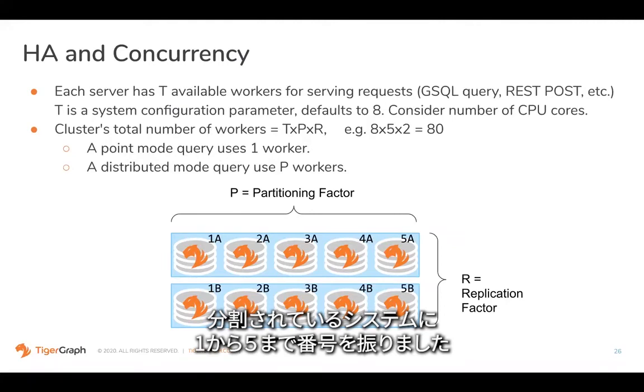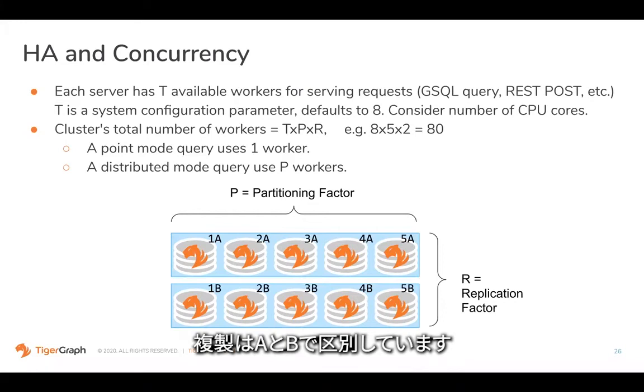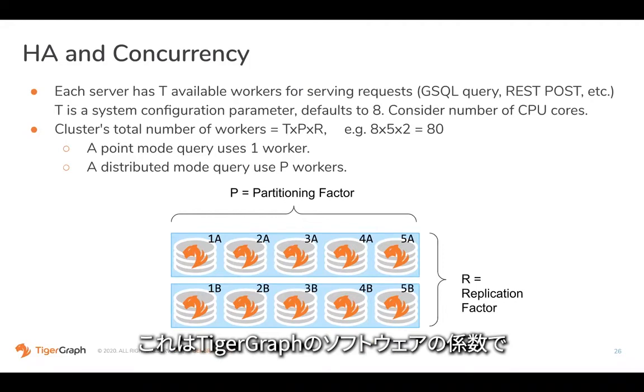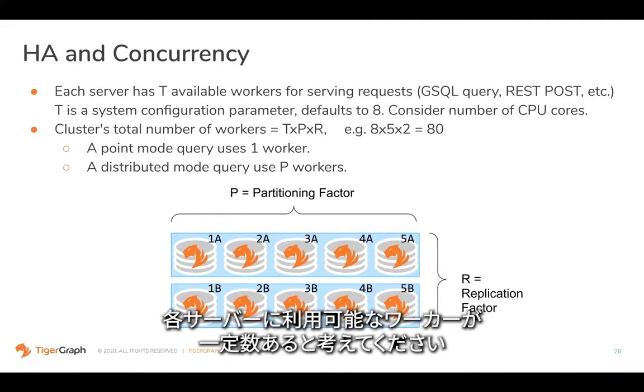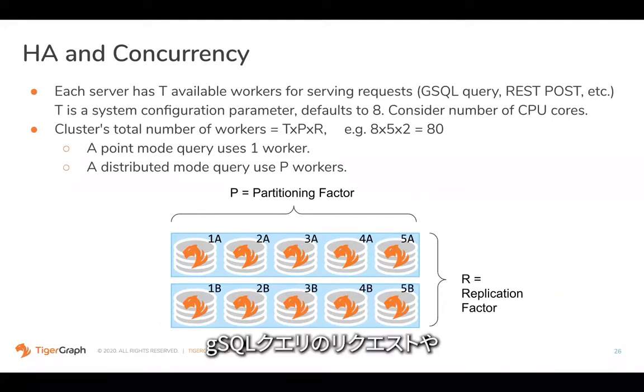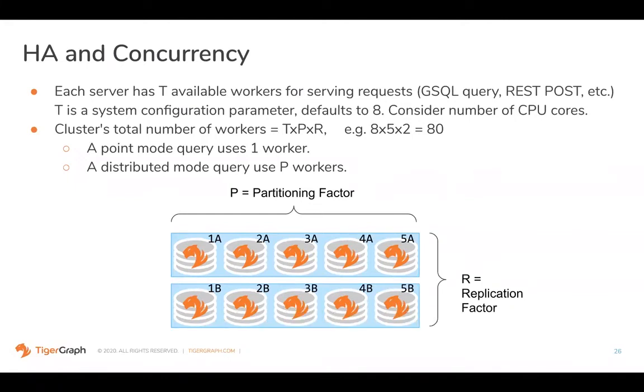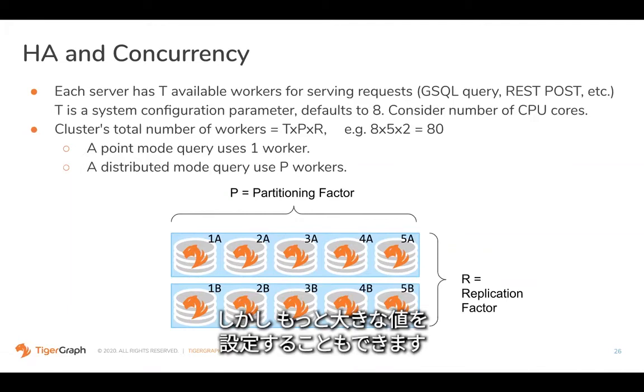So now I've numbered the systems. They're 1 through 5 going across the partition, and A, B to refer to the replicas. And this is a configuration factor in the TigerGraph software: you can say each server has a certain number, T, of available workers for serving requests, such as a GSQL query, a REST POST request, etc. The default is 8, but you can set it higher.